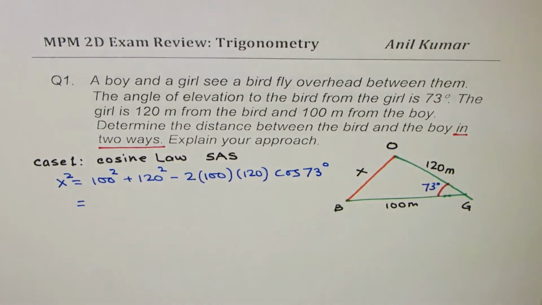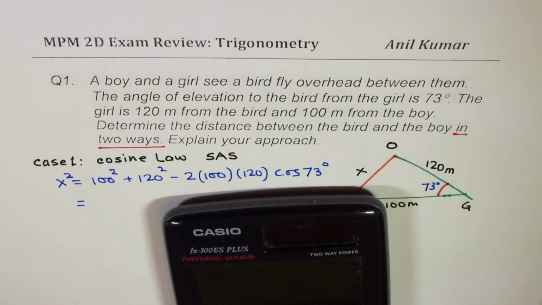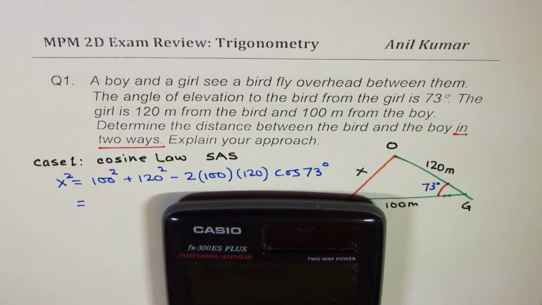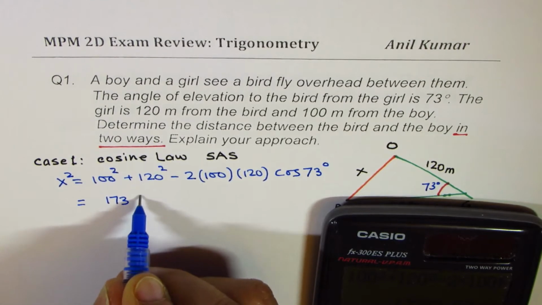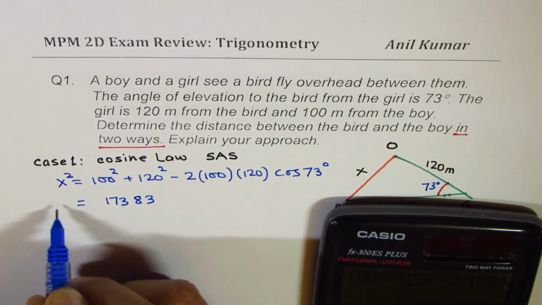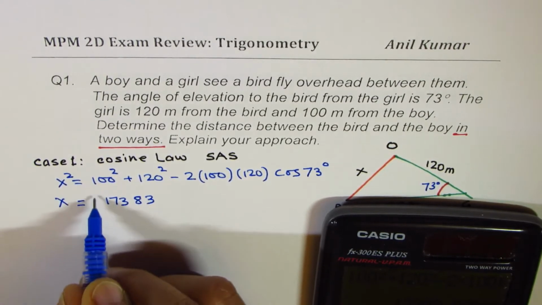Right, so let's calculate this. 100 squared plus 120 squared minus 2 times 100 times 120 times cos of 73 is equal to 17383. To find x, we'll take the square root of this.